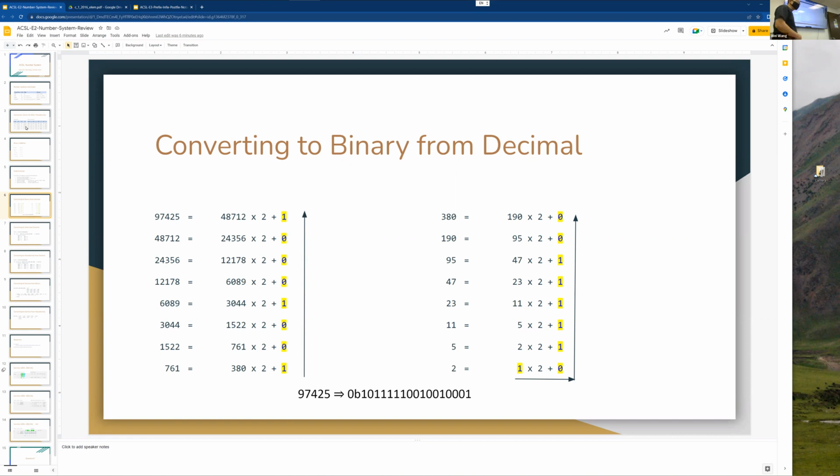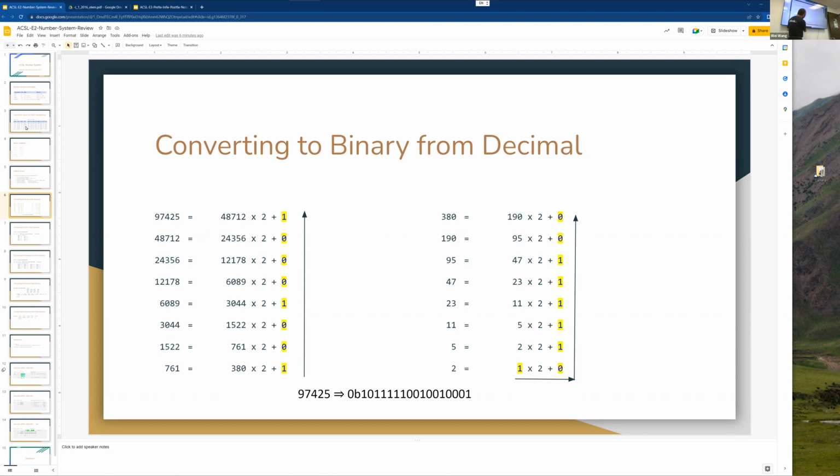And then, why is there a B? This is the way that we note that this is a binary number. B stands for binary. In computer language, that means this number is a binary number, because this is also a valid decimal number, right?